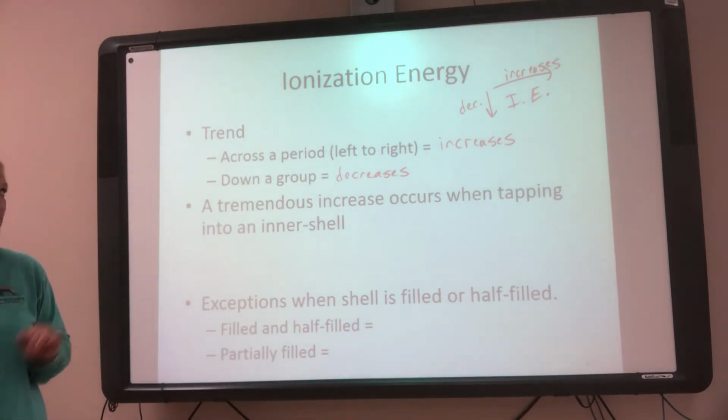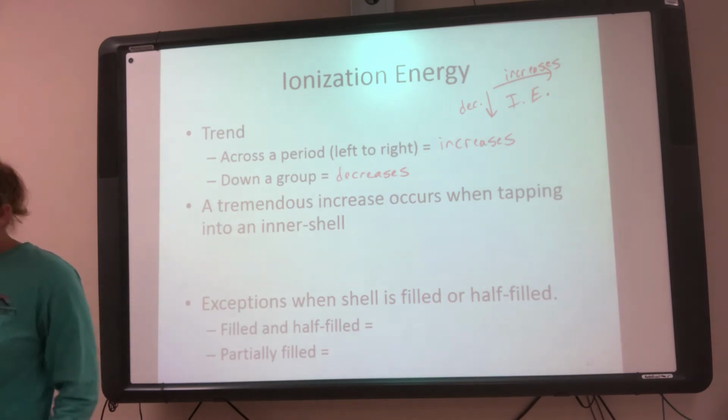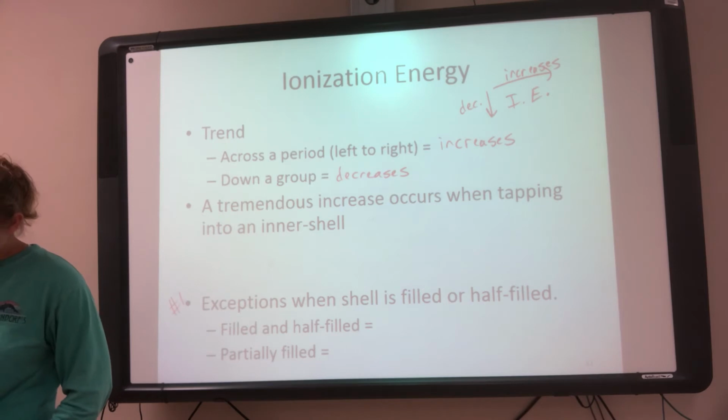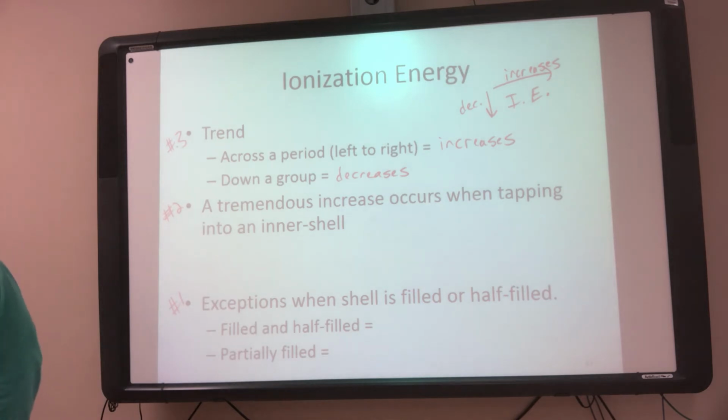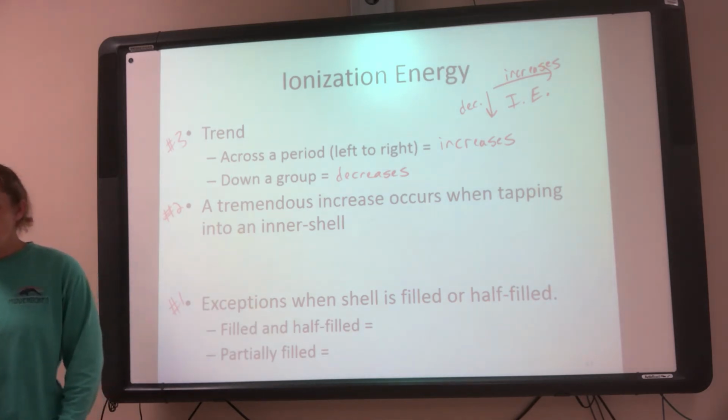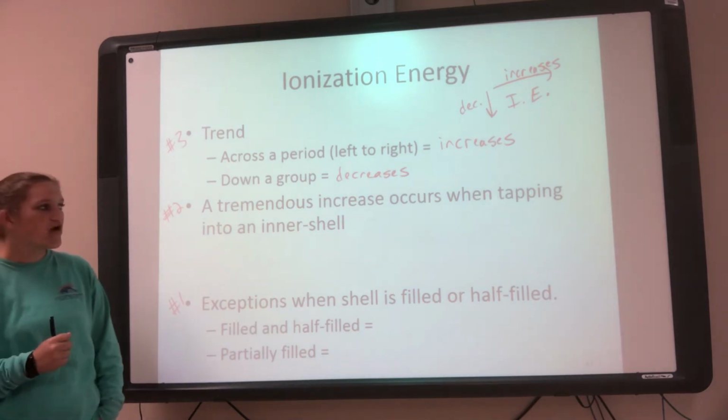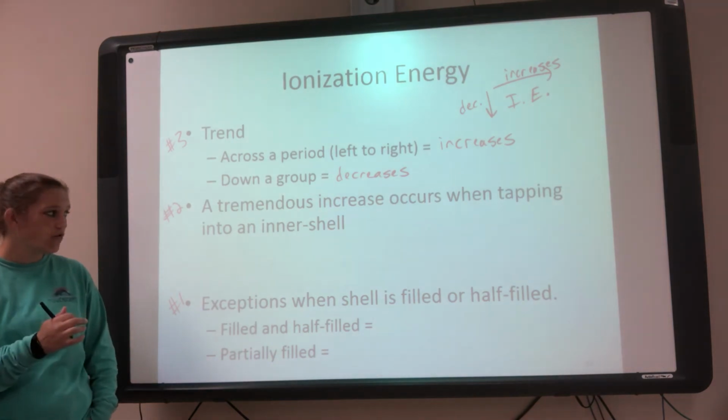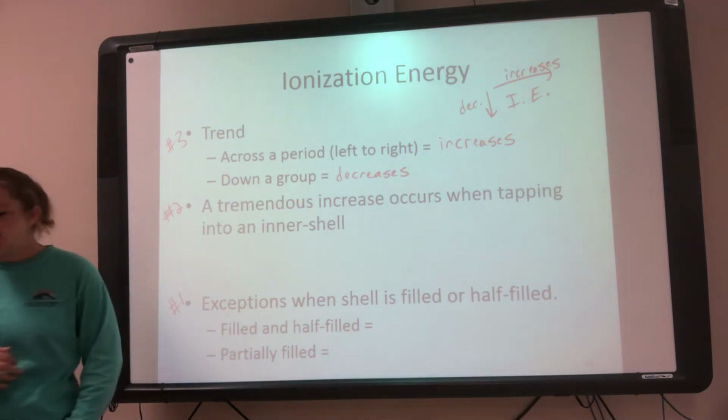But remember, that's my last resort. I only use the trend as a last resort. So I want to use this guy first, then this guy, then this is my third option. Second option is, what if I'm trying to remove from the same energy level, like the same n level, but at different orbitals?